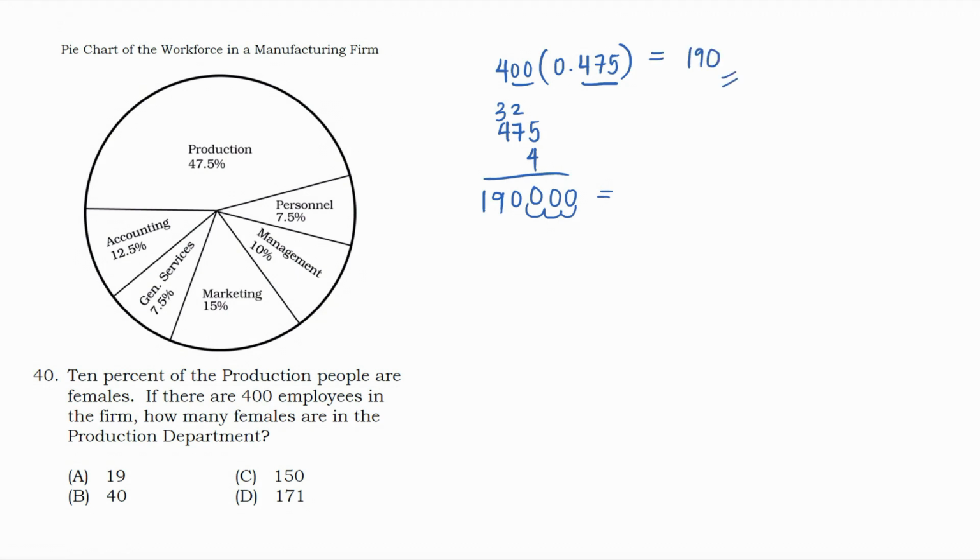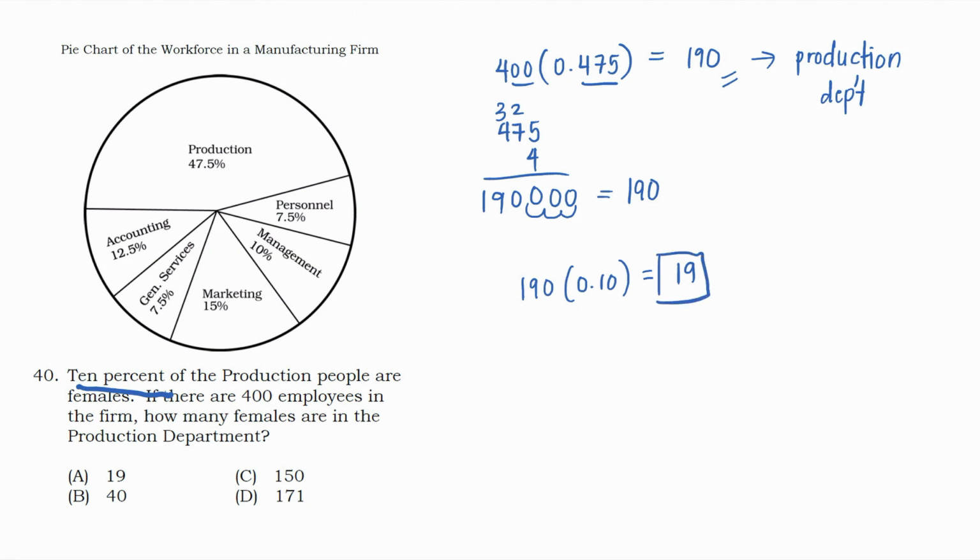So, yan yung total number of people na nasa production department. Ayan, lagay ko lang 190 dito. Sabi daw, 10% of the production people are females. So, kunin natin yung 10% niyan. 190 times 0.10 is equal to 19. So, this one is the final answer, 19. Letter A.